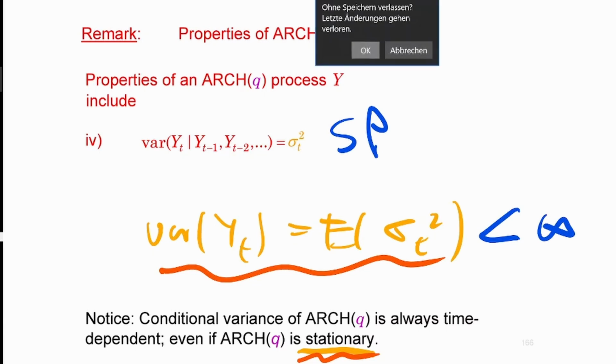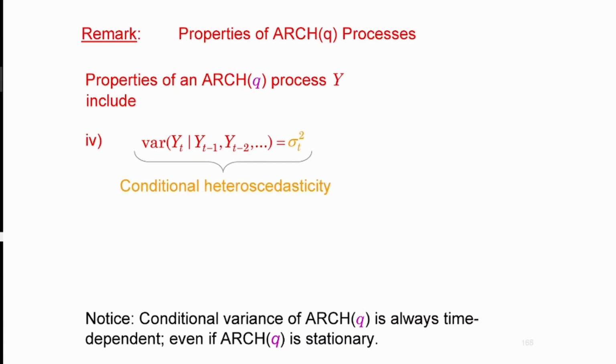And yeah, so we're going to discuss this. This is what conditional heteroscedasticity is referring to. Conditional heteroscedasticity means, again, that the conditional variance of a process has some sort of time dependency. In particular, in this case, it is going to be stochastic in addition to that. And it is autoregressive. Why?